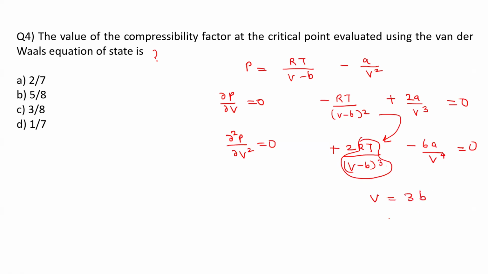Later, upon substituting, you will get a = ... Later Tc is equal to 8a/27Rb. And upon substituting both of these in this equation, you will get Pc = RTc/2b − a/9b².